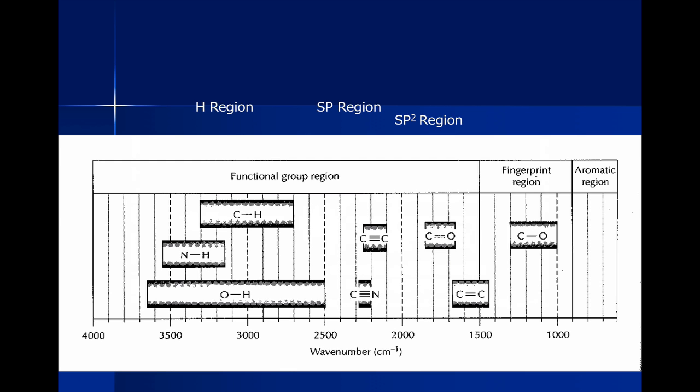Where will you find carbon dioxide? Is it sp2? How many pi bonds are involved on that carbon? So what's its hybridization?